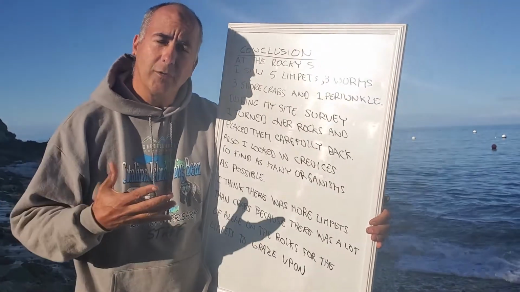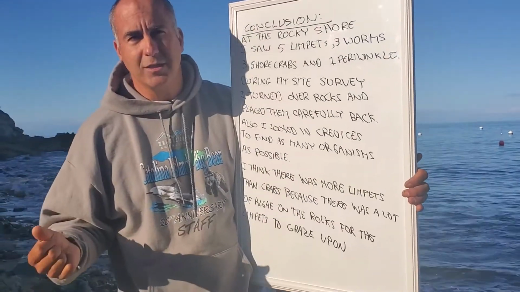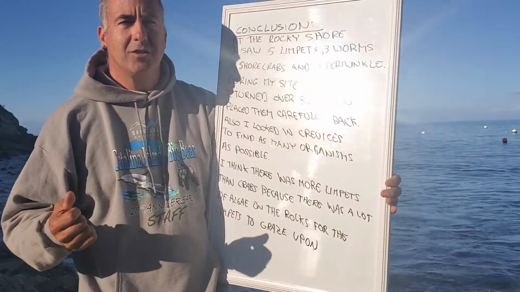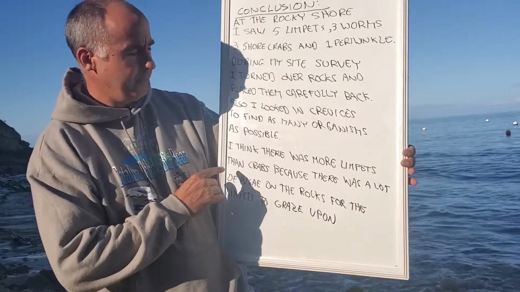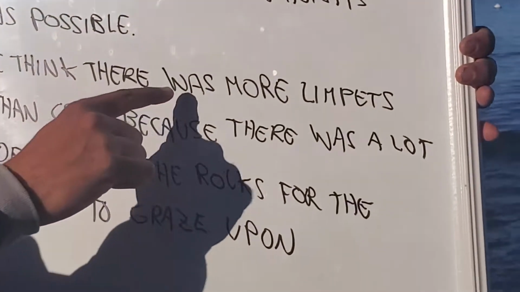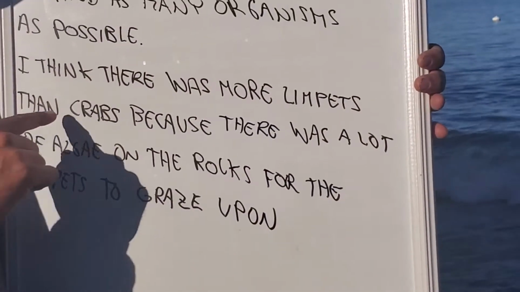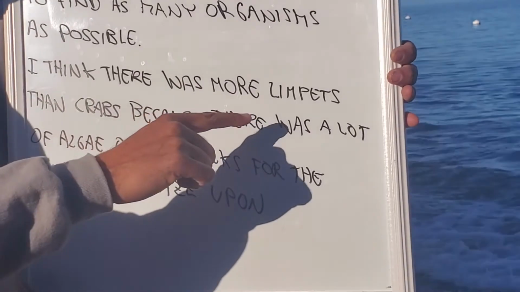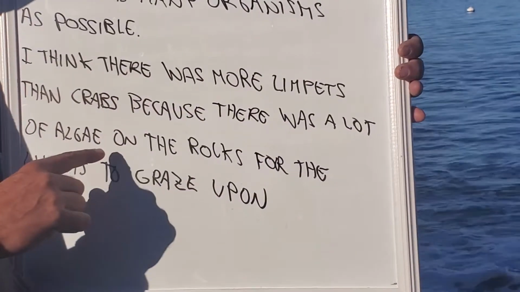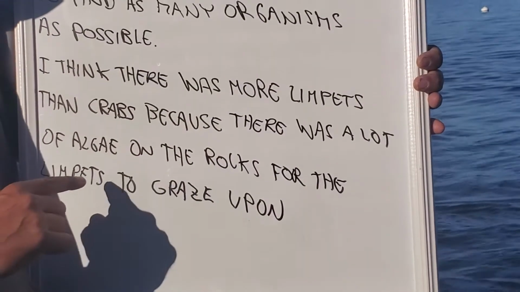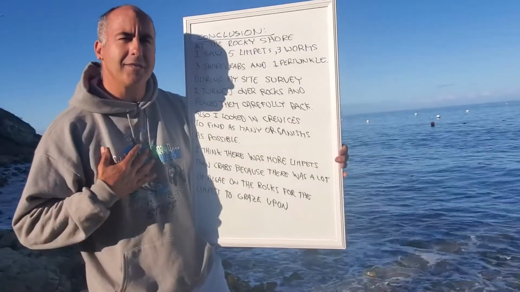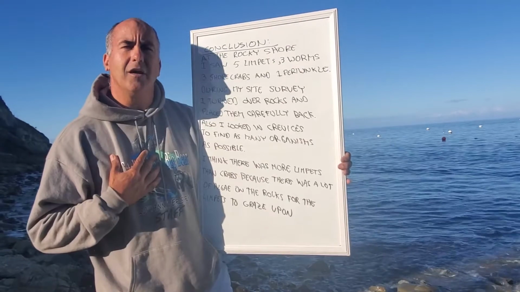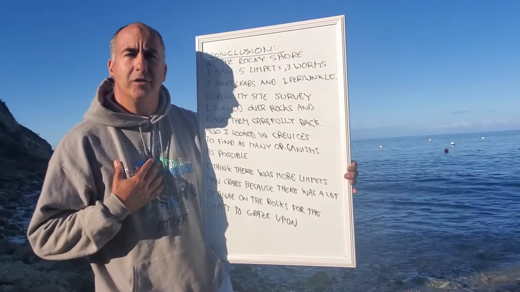Do you agree with your hypothesis or disagree with it? So, in my case, this is what I wrote for my theory. I think there were more limpets than crabs because there was a lot of algae on the rocks for the limpets to graze on. Now remember, my hypothesis was there are more crabs on the rocky shore.